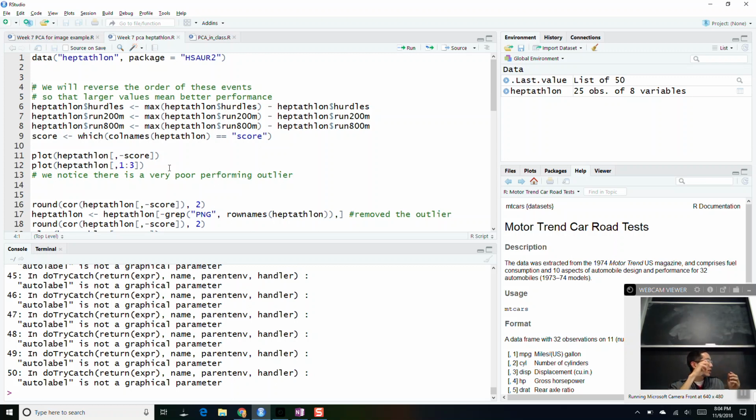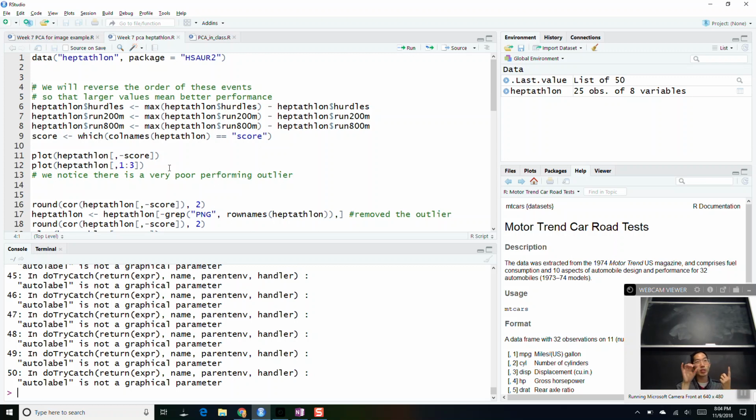And so the raw data is 7-dimensional, right? Because there are seven events. And yet we have a goal to say this is the best and this is the worst. We want some way to differentiate strong athletes from weak athletes using a single metric.